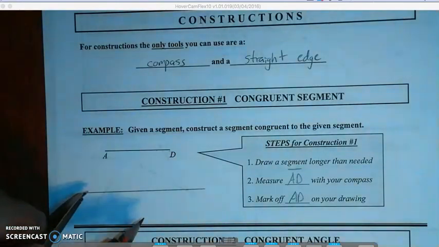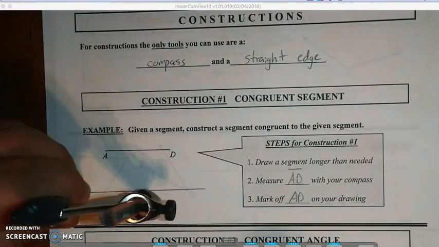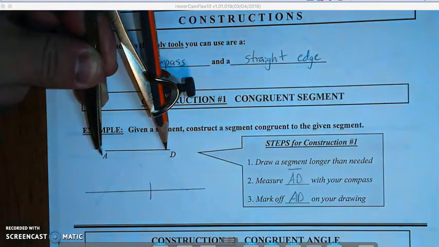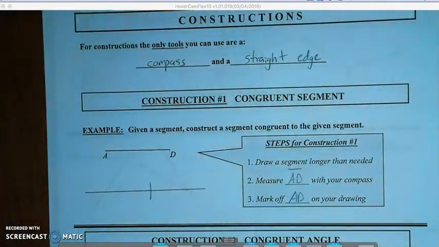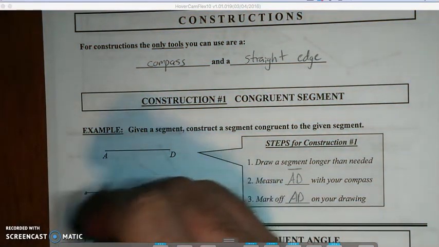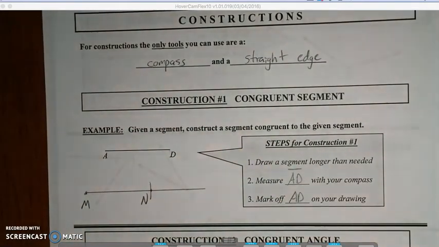So we put the pointy edge on one end, then we mark an arc. Now this length for AD is the same as this length. So we copied down a new segment that has two endpoints, which we will call MN.